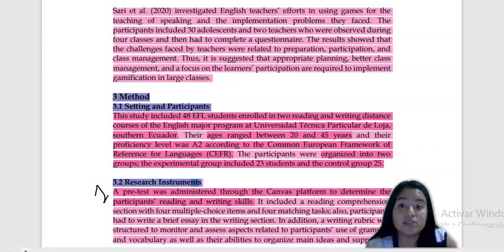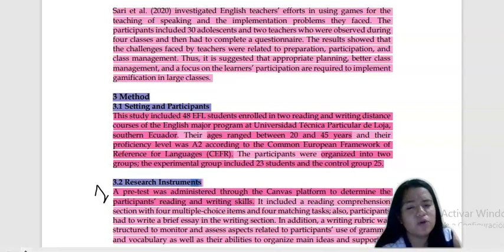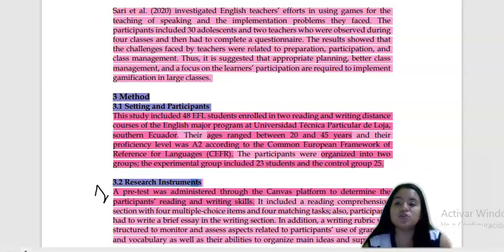The second was a posttest, with similar characteristics to the previous one, which was used to measure the level of improvement of the participants compared to the results of the pretest. And third was a questionnaire about their experience with the games improving these reading and writing skills.